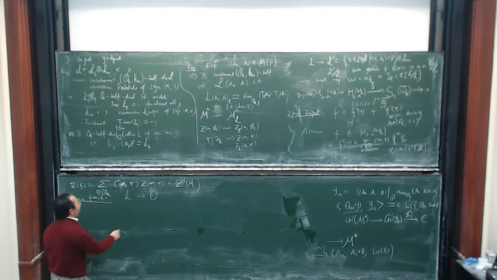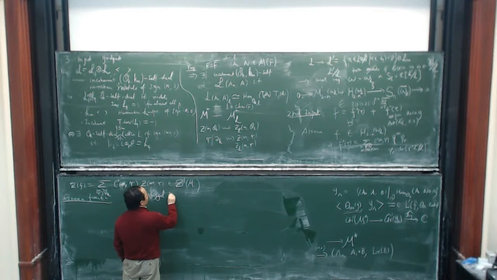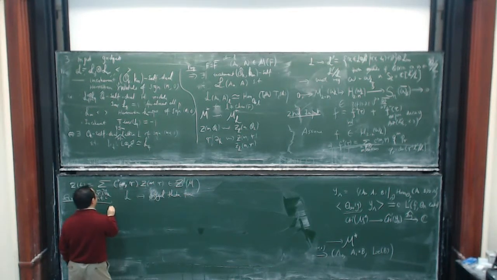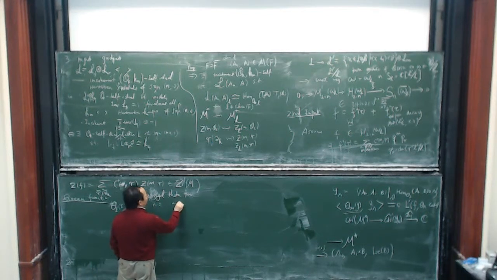So you can also define Z equal theta function. They have two variables, theta of tau and Z. And it depends on L. This is the weight n minus 2 on tau.